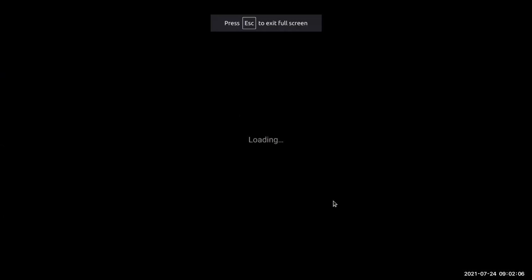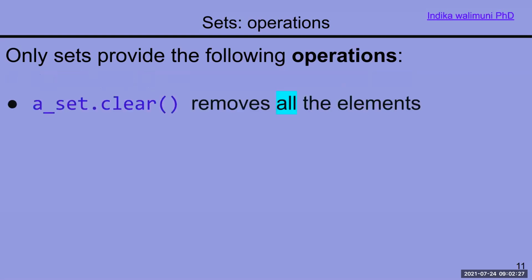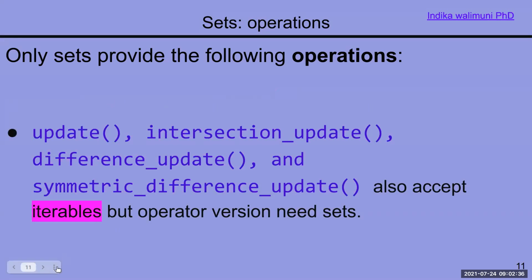All right, so we are not yet done with set operations. With set pop, we can remove an element arbitrarily. So we don't know what element is going to get removed. Clear removes all the elements in the set, so we can basically empty it out.